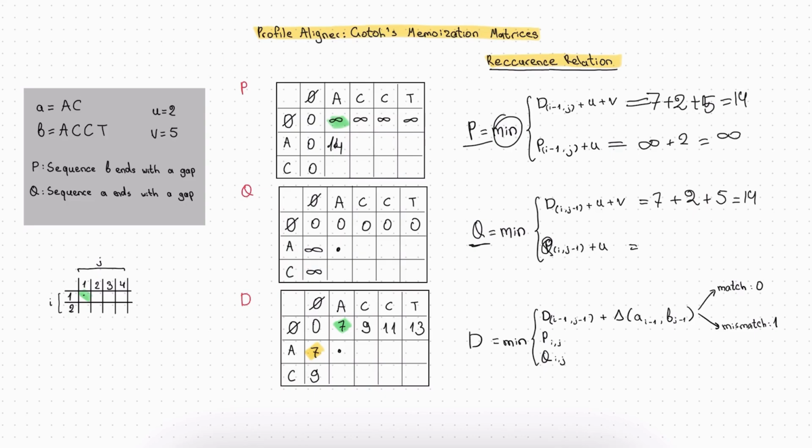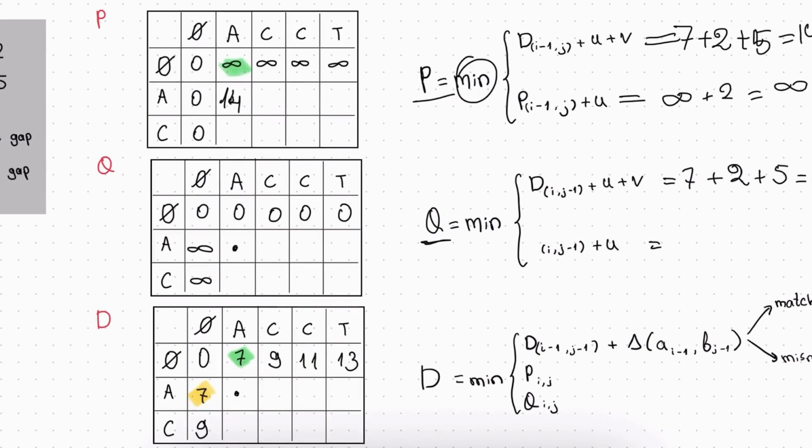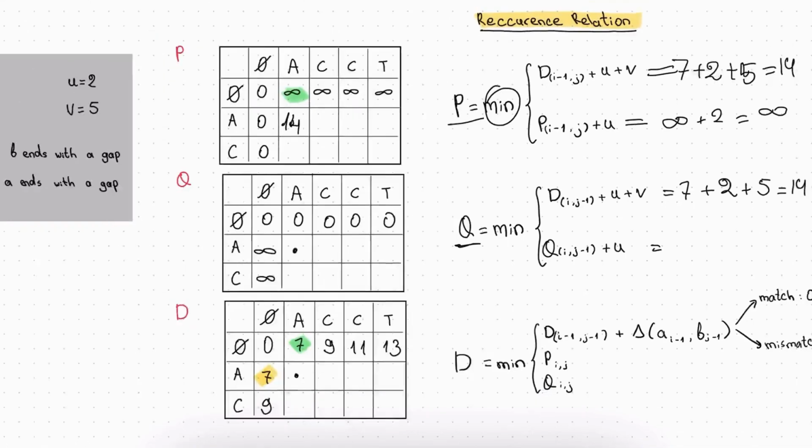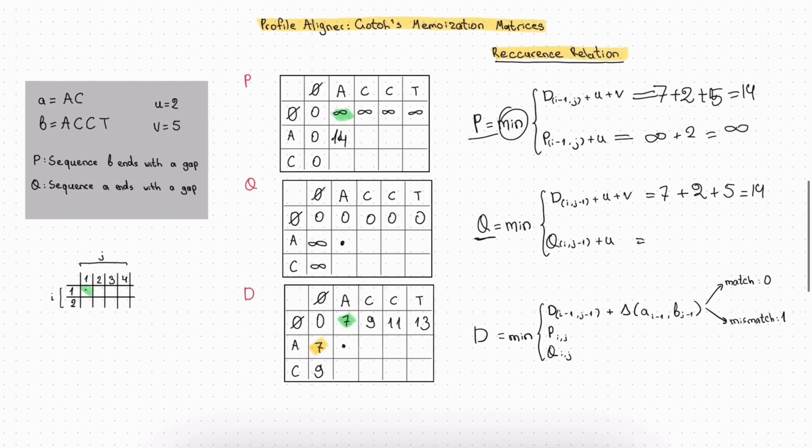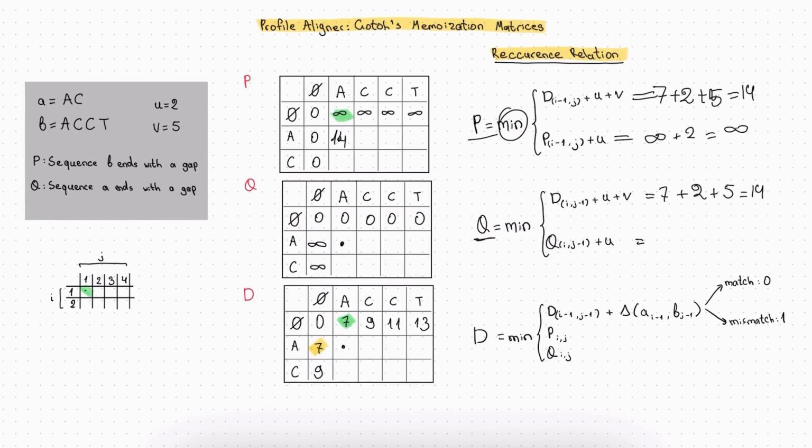And here it should be Q actually. Apologies. So for Q, we want to look at the same cell, one column left, which is infinity, therefore infinity plus 2 is equal to infinity, and again 14 is the minimum value, which is what we are going to put in the matrix.